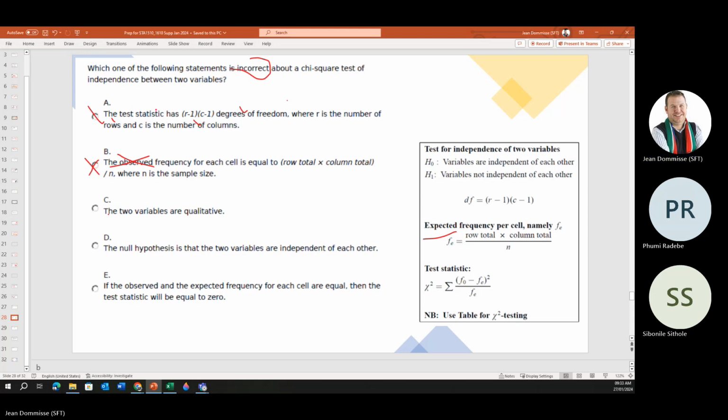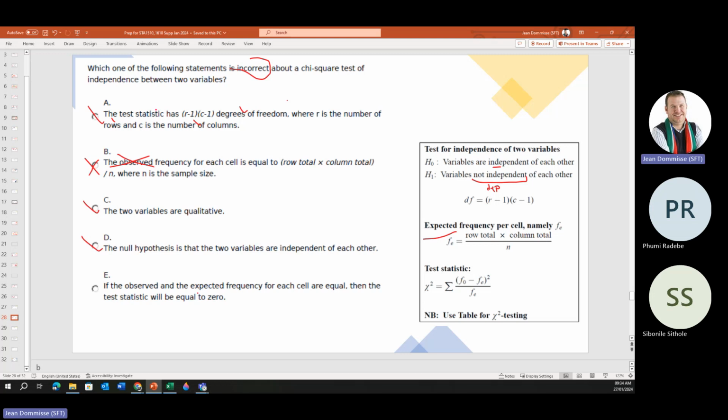Two variables are qualitative, correct. The null hypothesis is that the two variables are independent, correct. The null hypothesis always wants to test independence. Remember, what they can also use for not independent is dependent, so they might sometimes use the word dependent.